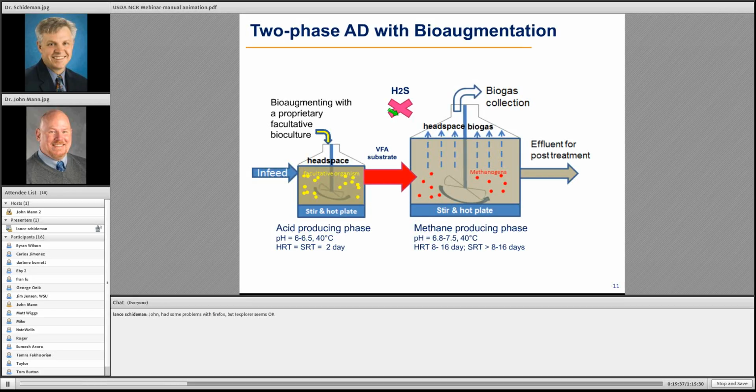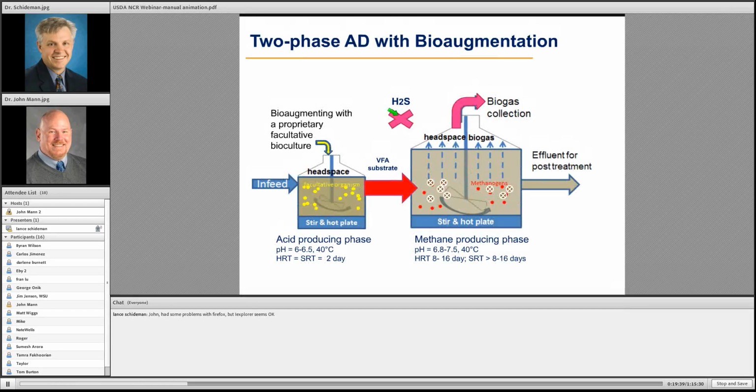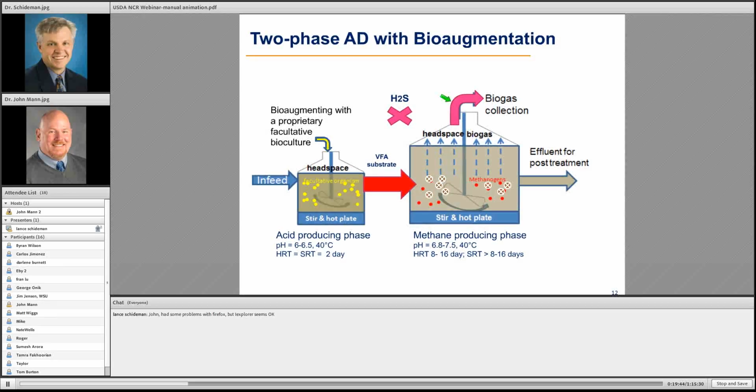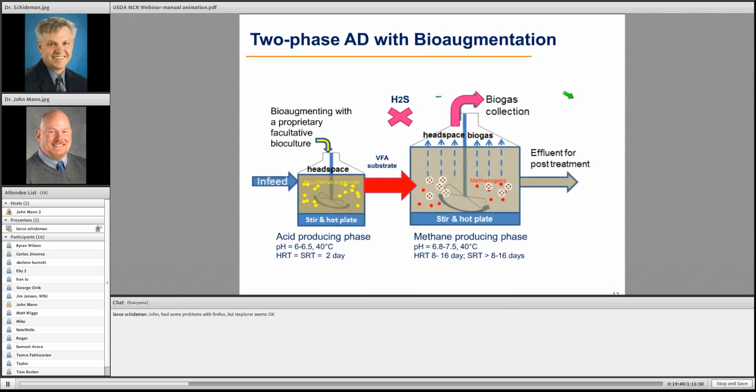When you do those two things, the final effect is that it increases the biogas that can be produced. I also have here some solid media, shown by these circled X's, that help to encourage the methanogens to stay in the reactor because they're slow growing. If we keep them in the reactor, then they can do their job better and faster.